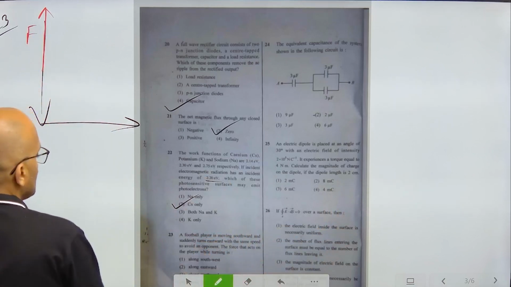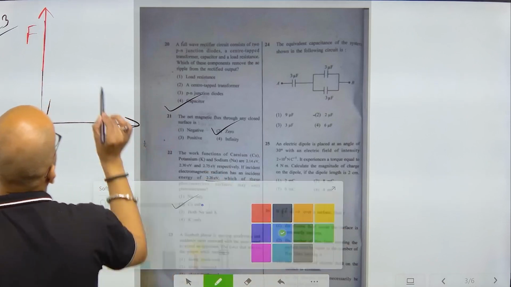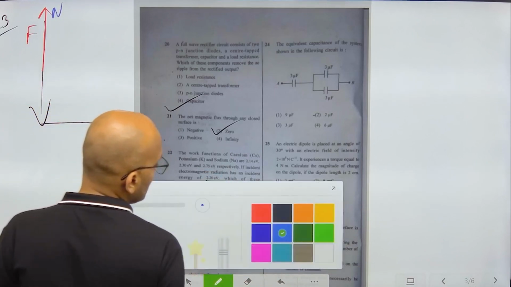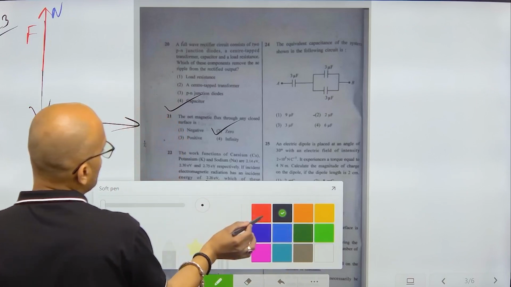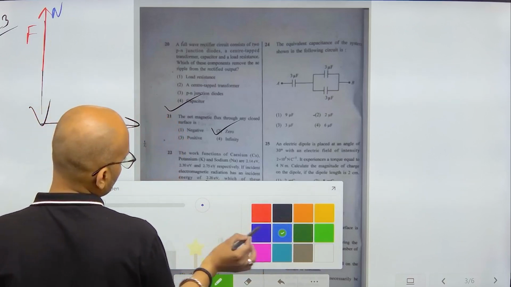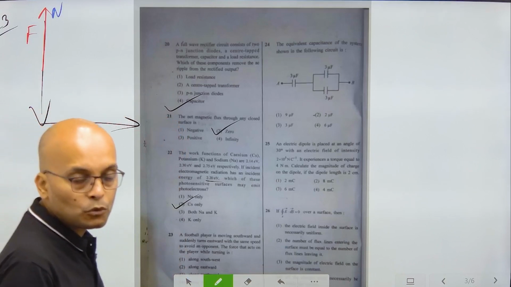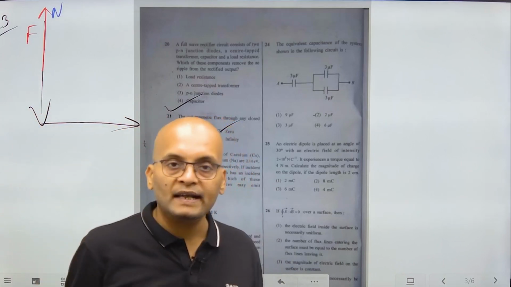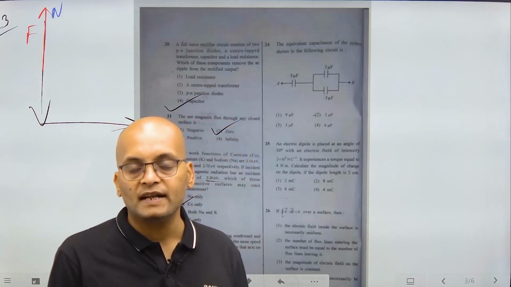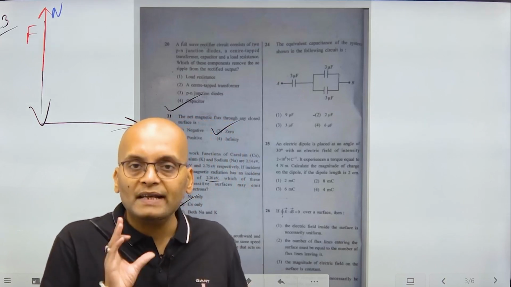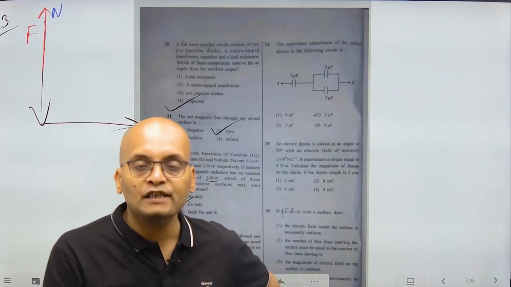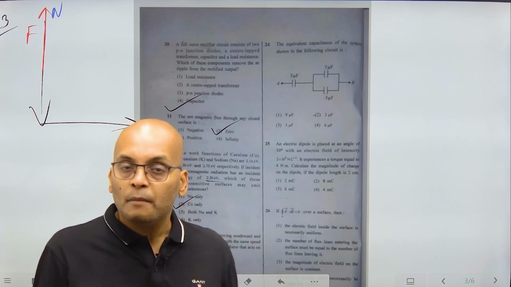So this force is acting towards north. Okay. Now, how can you start a motion towards any direction? You can start the motion when you apply the force. Without force, you cannot perform motion.